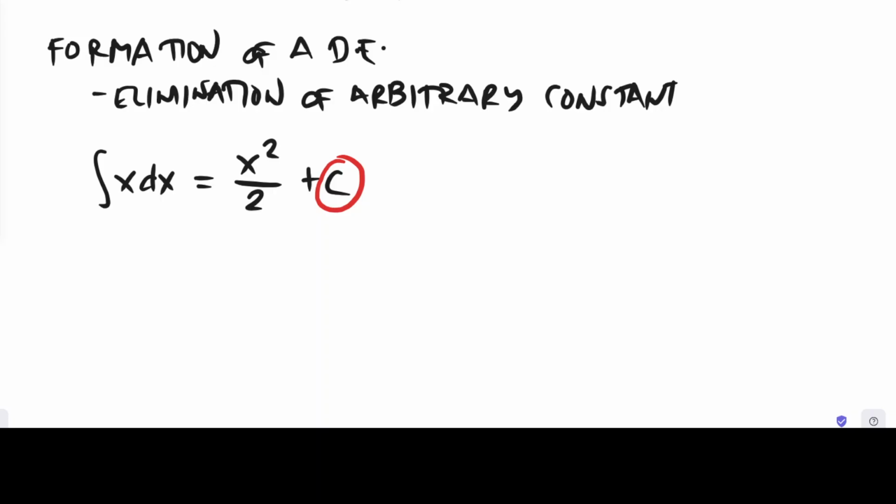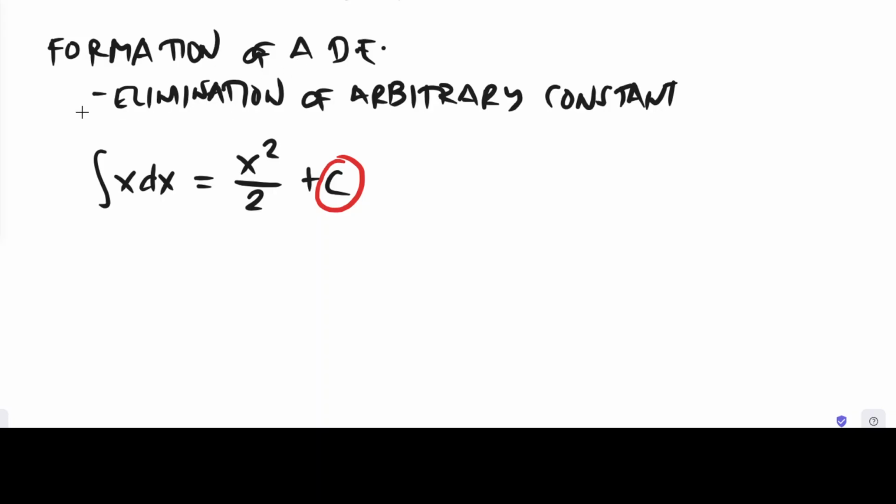We are only eliminating the constants produced by the integration process. So we have some methods in the elimination of these arbitrary constants, and we will discuss them in separate videos.